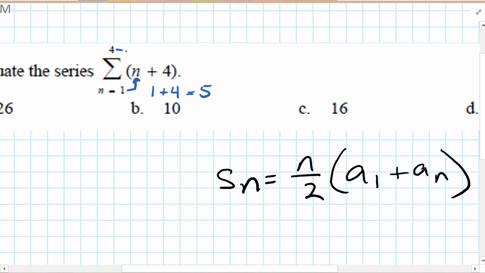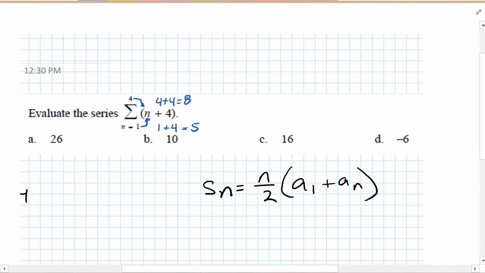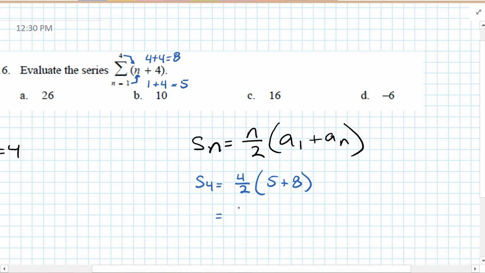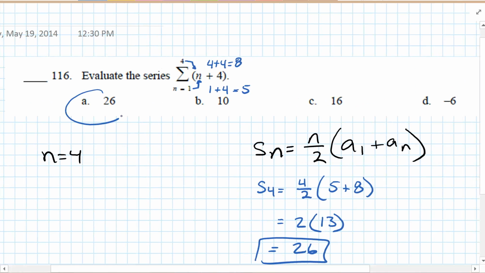To find my upper one, go to the top number and plug it in. So 4 plus 4 equals 8. So I have the a1 value of 5 and the an value of 8. So S of 4 terms is 4 over 2 times 5 plus 8. 4 over 2 simplifies to 2, and 5 plus 8 is 13. So 2 times 13 is 26. The answer would be A.